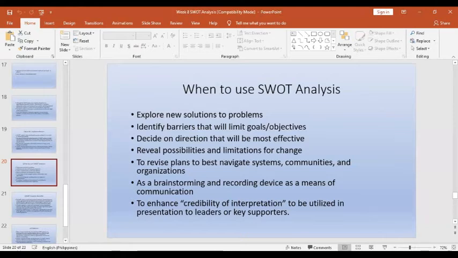The plans can be changed based on the actual situation, that's why there are a lot of contingency plans. SWOT analysis can also be used as a brainstorming and recording device, as a means of communication. It will also enhance the credibility of interpretation that can be used with the leaders or key supporters.